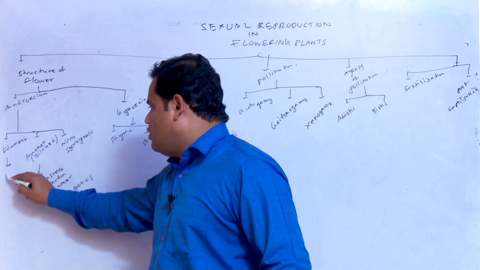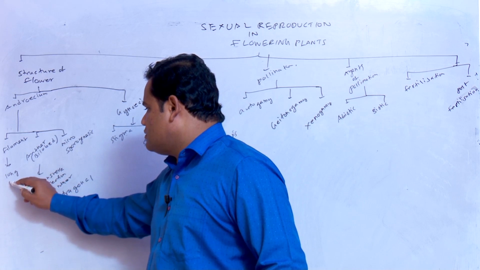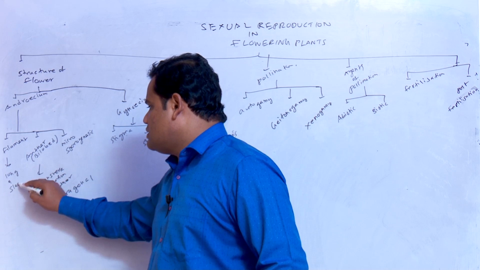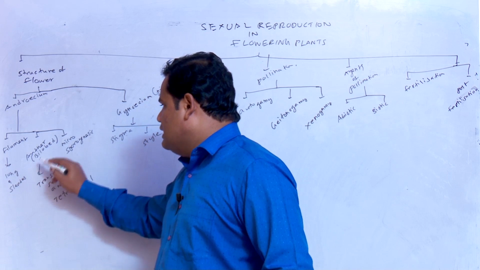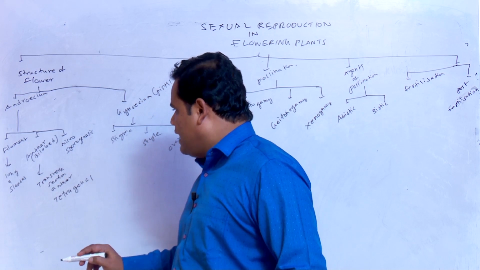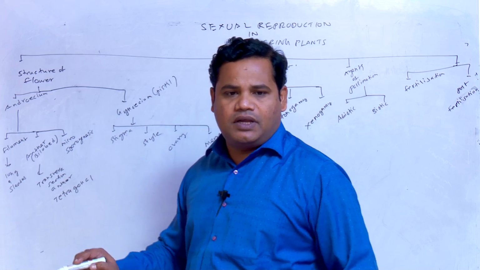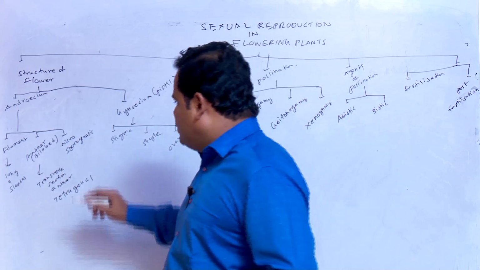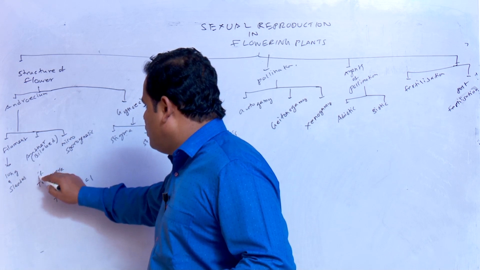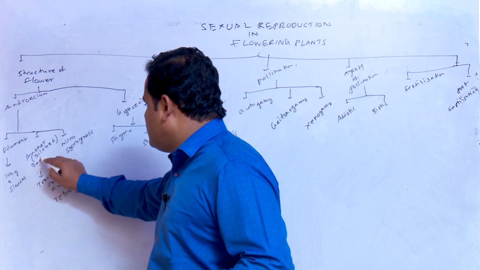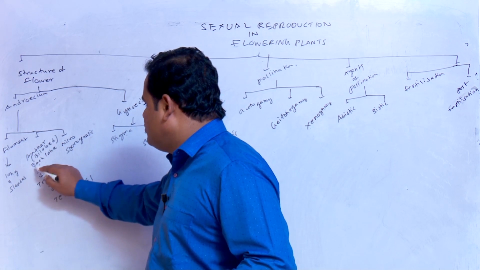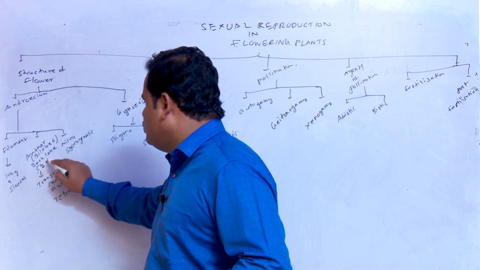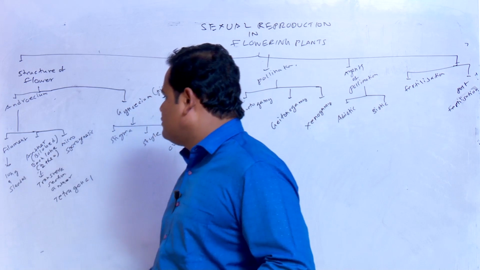Filament is a long and slender part. Its terminal end bears the anther, a bilobed structure. Each lobe has two theca.